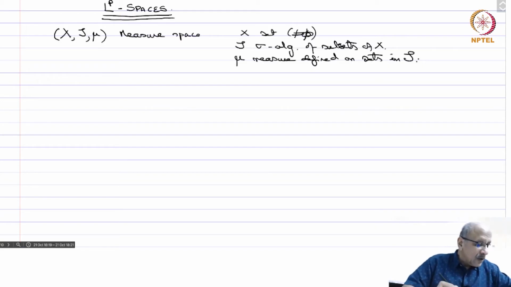Okay, so now you take f from X to R, a real valued measurable function.